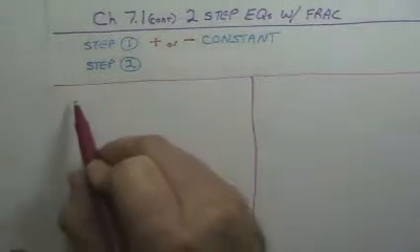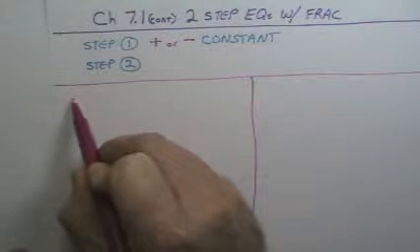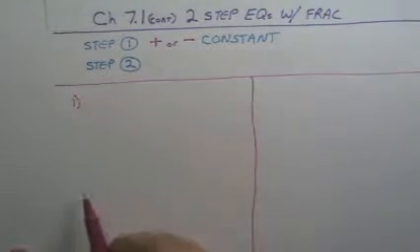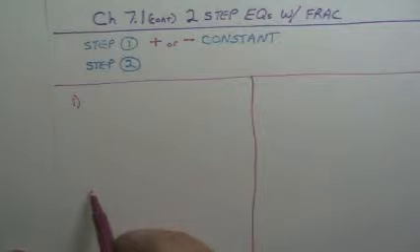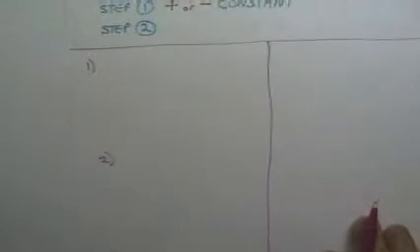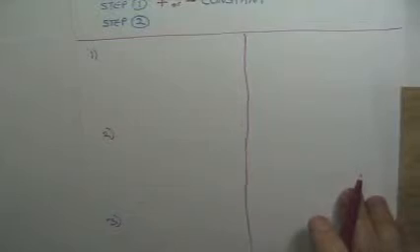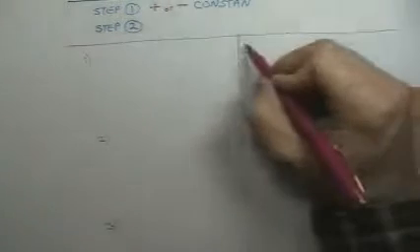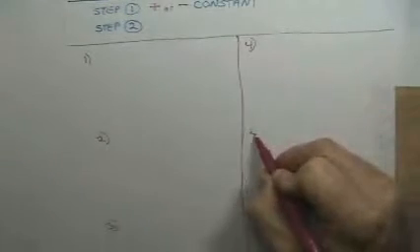We're going to be doing three problems, three examples on this side. One, two, and three, so spread that out. And then we'll do a 4, 5, 6 on the other side.